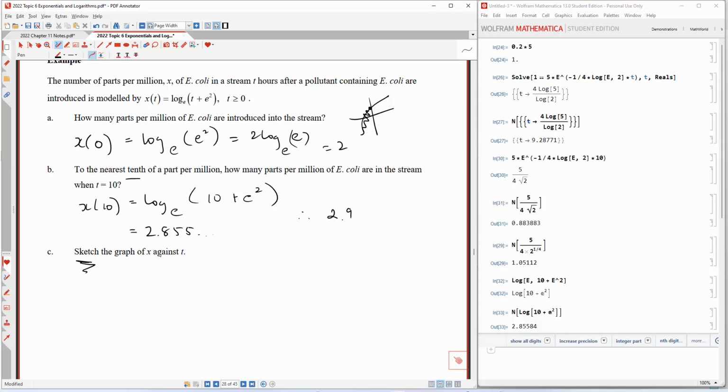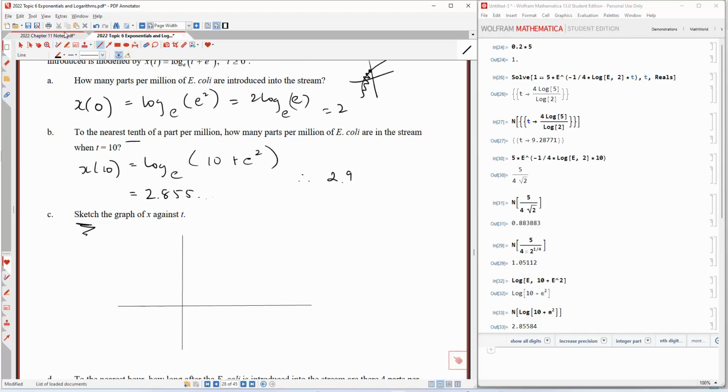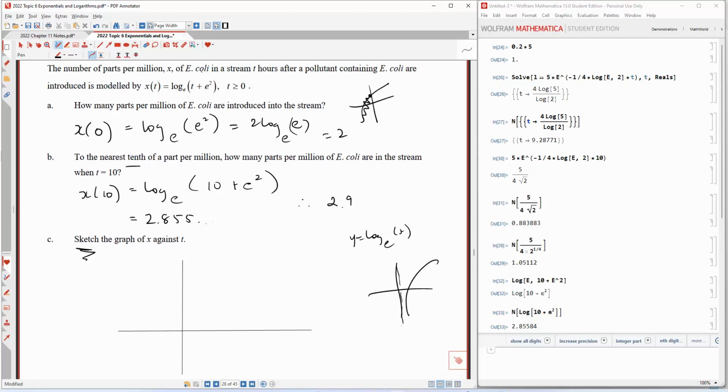Sketch the graph of x against t. All right, so we know that the basic log graph, y equals log e x, is going to look like that, asymptote here. This one is, as I stated, shifted e squared to the left.